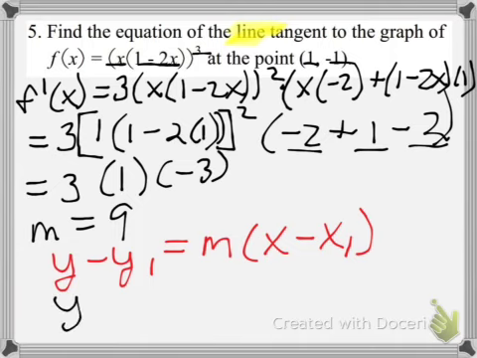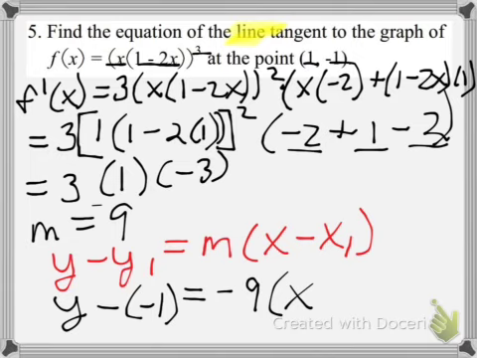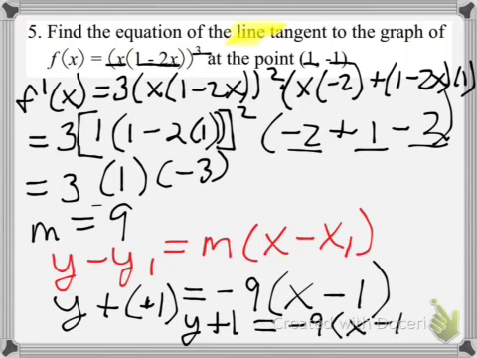I will have y minus negative 1 equals my slope. Did I just put 9 here? I apologize, you guys. Negative 9 times (x minus 1). And of course, you can make this much more pretty because your two negatives make a positive. So it's really just, if I have enough room, y plus 1 equals negative 9 times (x minus 1).